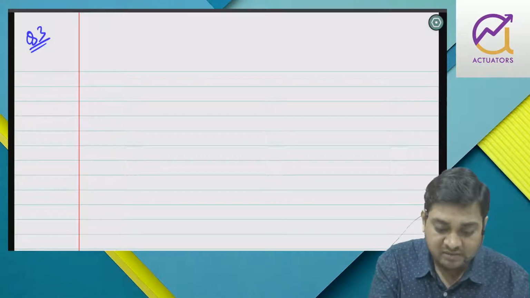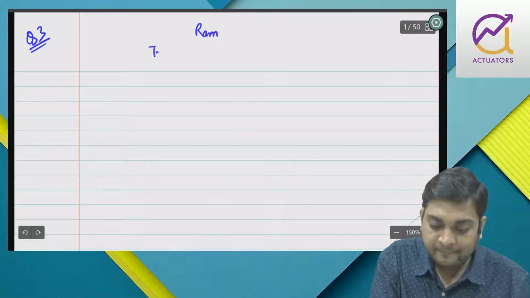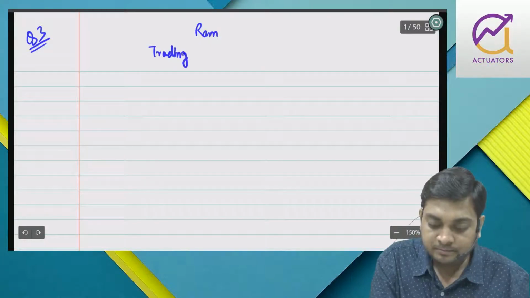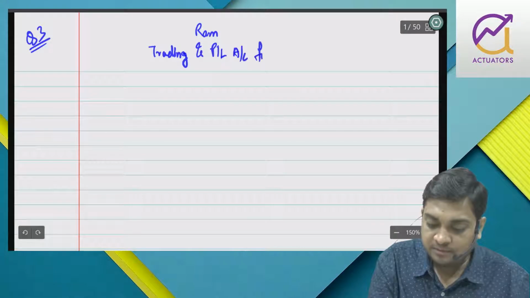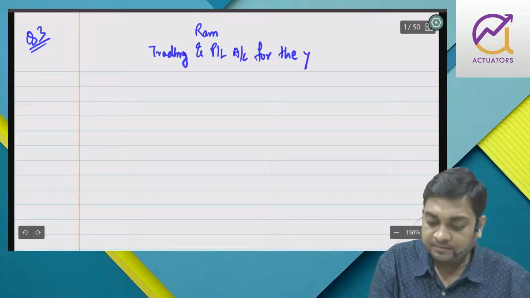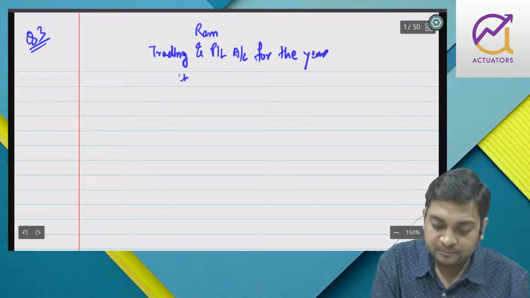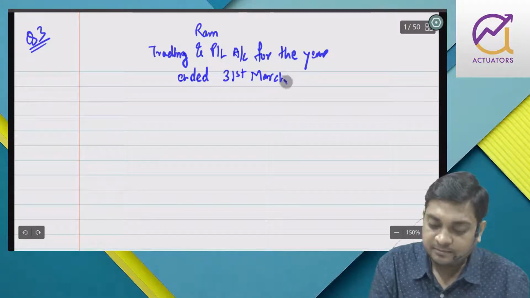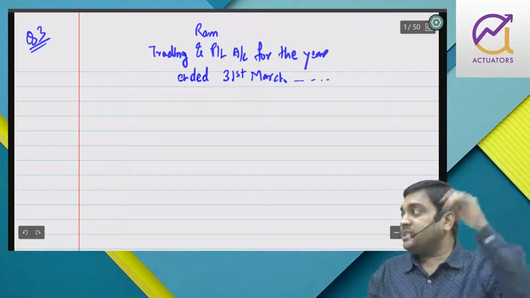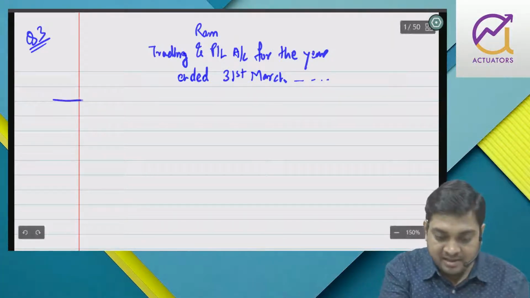So first of all, my objective is to prepare the trading and profit and loss account for the year ended 31st March.